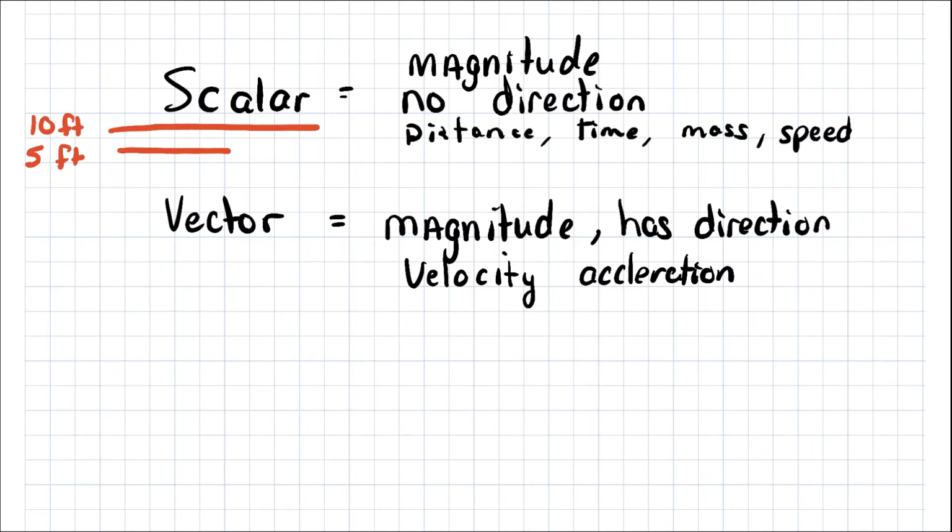A vector quantity, on the other hand, this would be an example of 10 feet to the east or 10 feet to the right. And again, if we're looking at the magnitude, how big these are, if I draw the vector quantity smaller, that would represent a smaller magnitude, and the direction is still to the east.